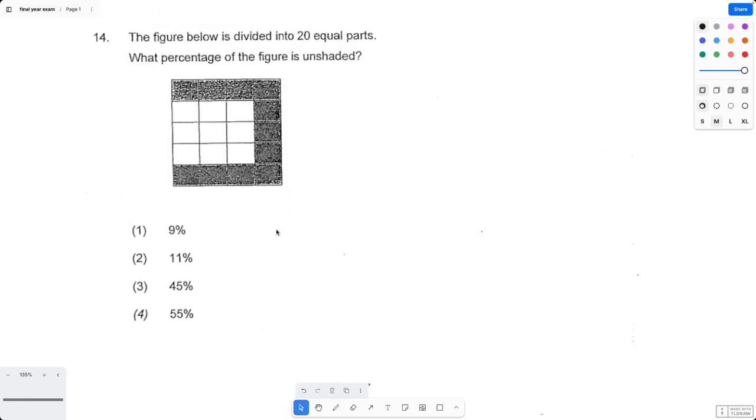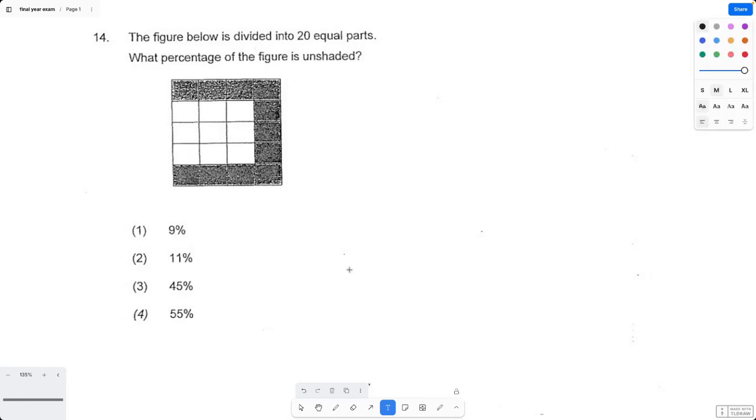Question number 14. The figure below is divided into 20 equal parts. What percentage of the figure is unshaded? We know there are 20 equal parts, but how many are unshaded? You can count now.